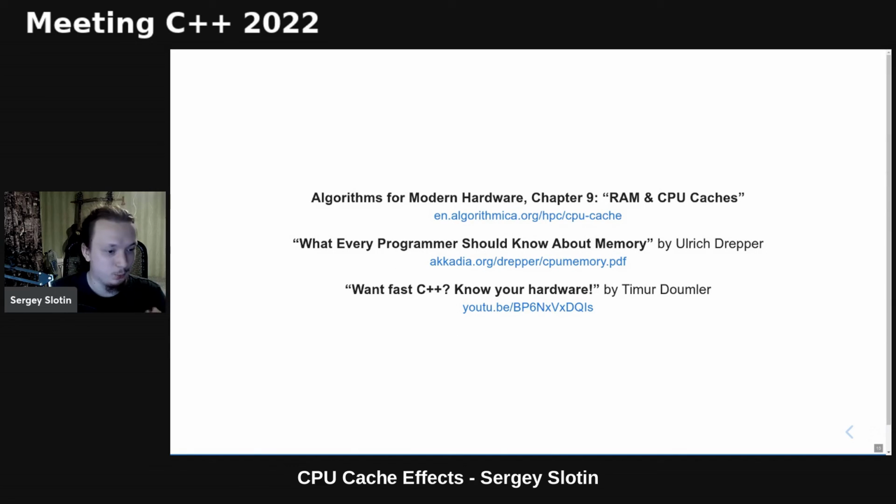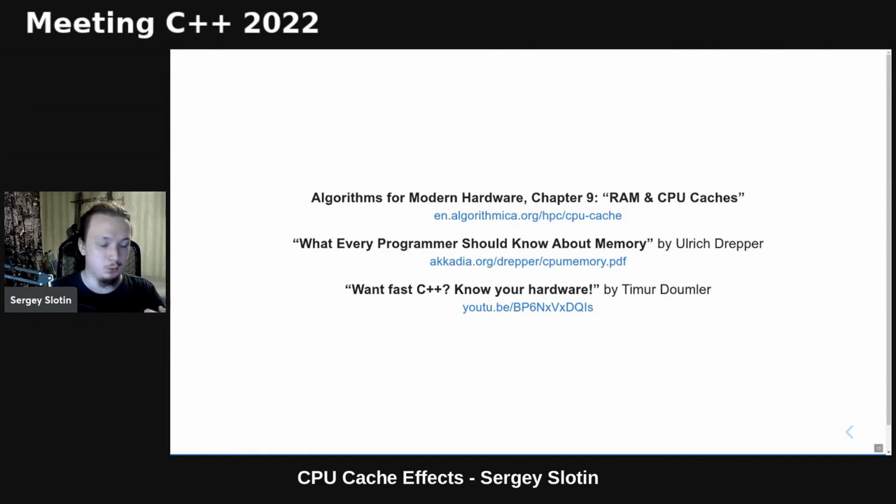And in terms of more immediate reading recommendations, first, well, there is my book that covers everything in this talk and a lot more. There is also a famous manual titled What Every Programmer Should Know About Memory by Ulrich Drepper. It is 114 pages of two-column text, so very comprehensive.